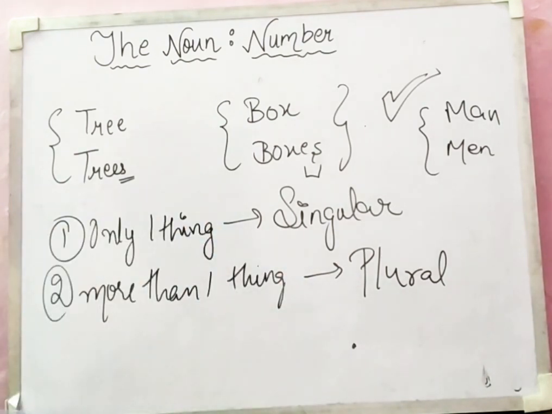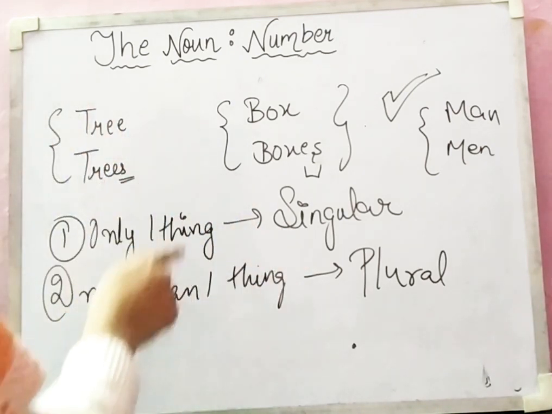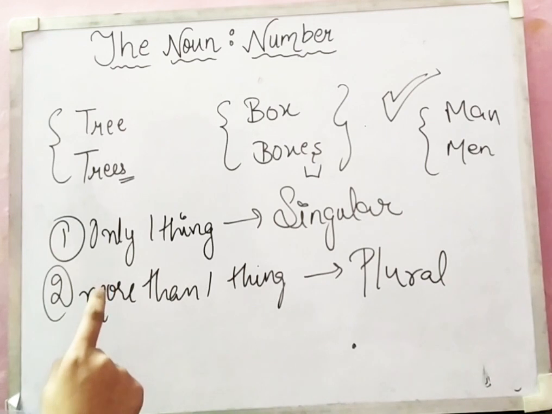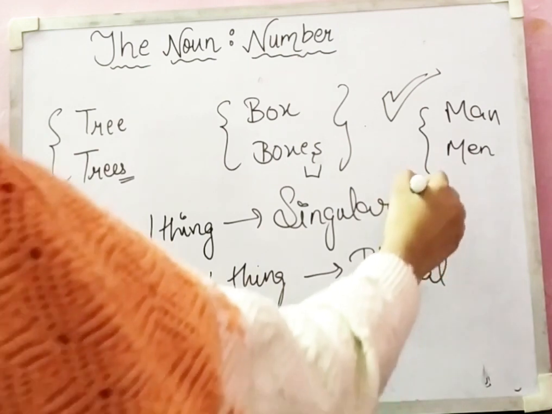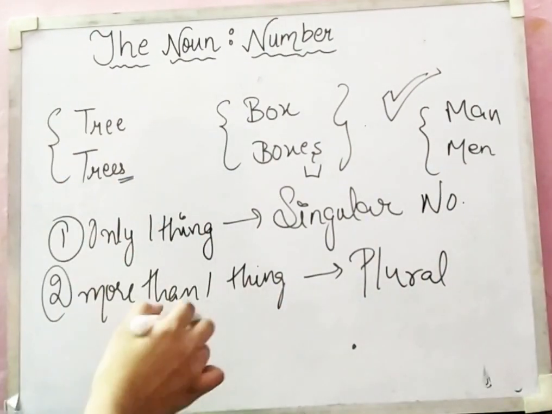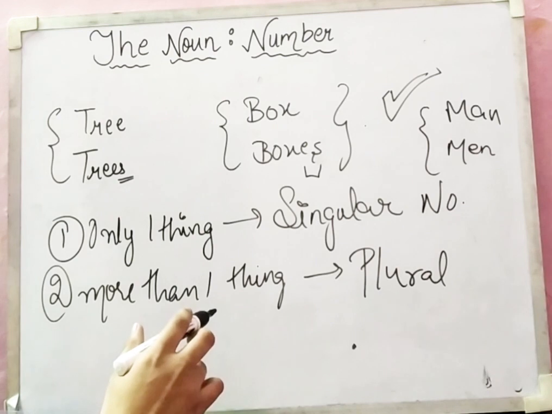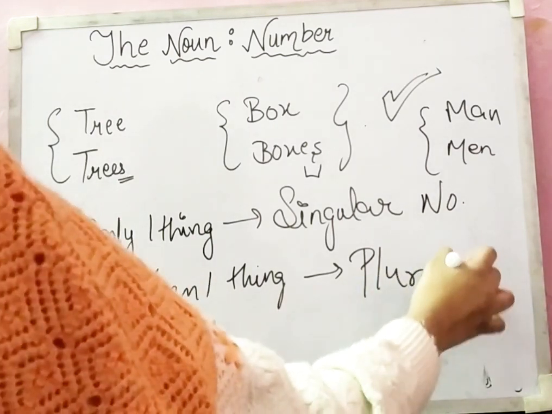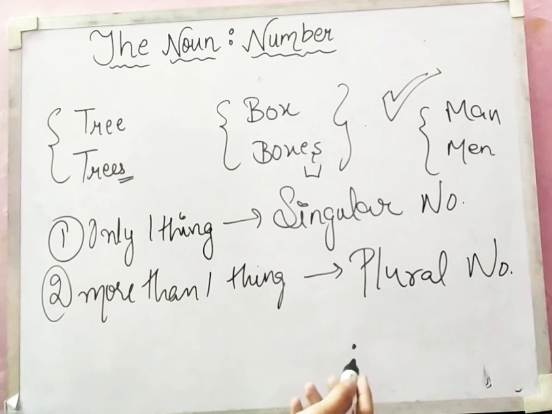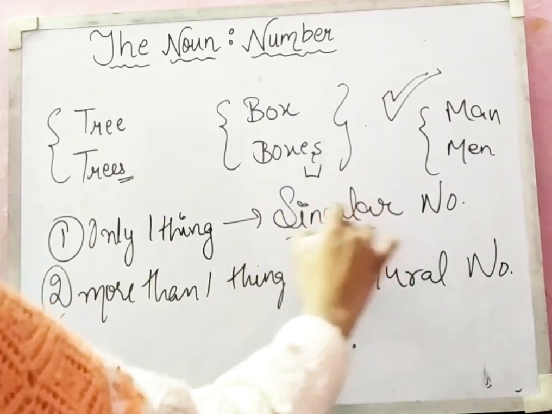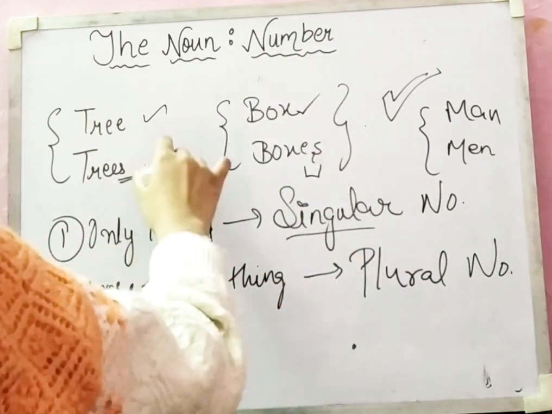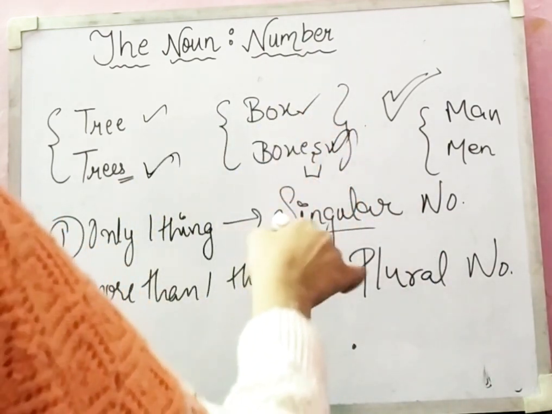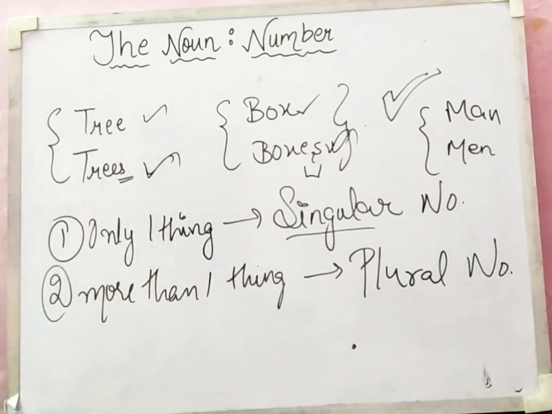So a noun that denotes only one person or one thing, that we call singular number. And if there is more than one person or thing, then it is said to be plural number. In the examples I have already given you, singular is tree, box, and plural is trees, boxes. So I think this much concept is clear to all of you.